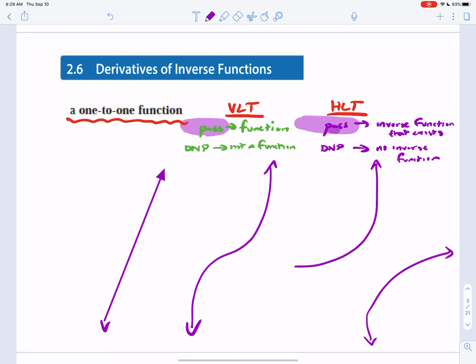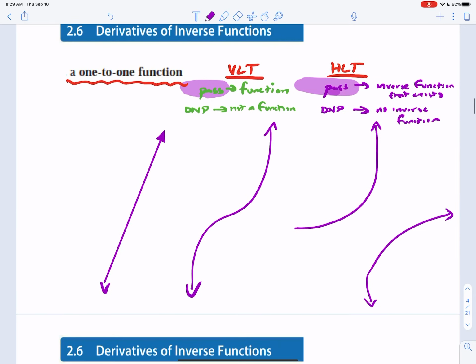There's a few. So, for instance, the inverse of e to the x, the exact opposite of e to the x, is the natural log of x. So they're inverses of each other.